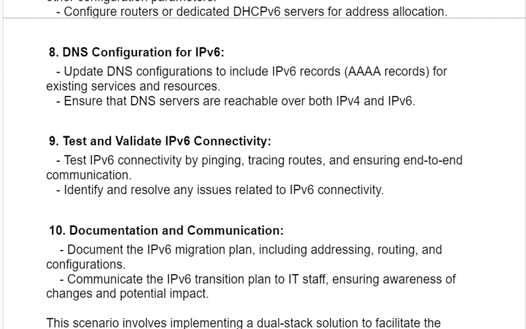Ninth solution: test and validate IPv6 connectivity. Test IPv6 connectivity by pinging, tracing routes, and ensuring end-to-end communication. Identify and resolve any issues related to IPv6 connectivity.